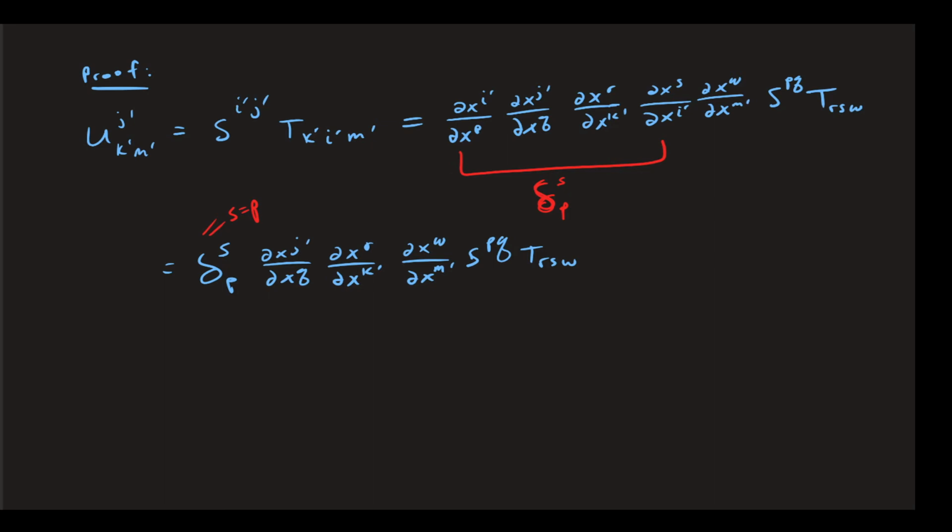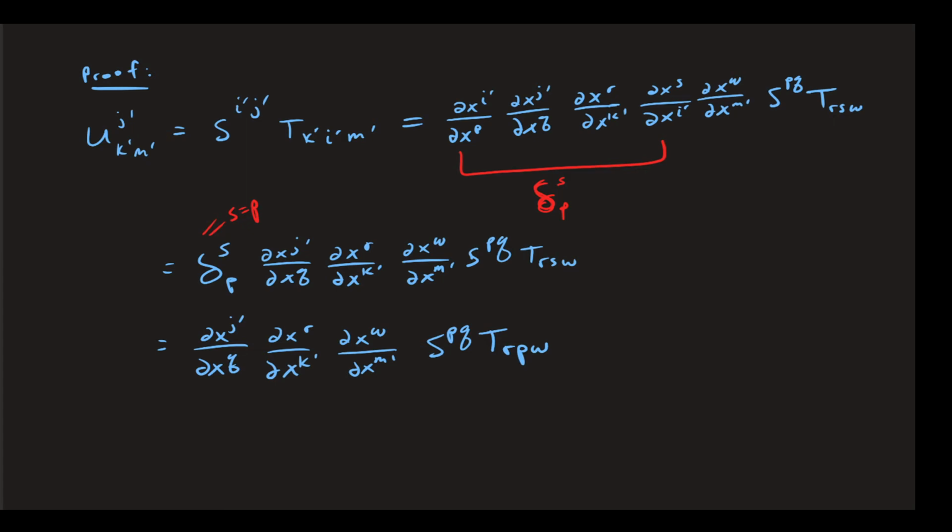So now this is equal to ∂xj'/∂xq, ∂xr/∂xk', ∂xw/∂xm', and then SP, well actually, I'll leave it as P, SPQTRPW.